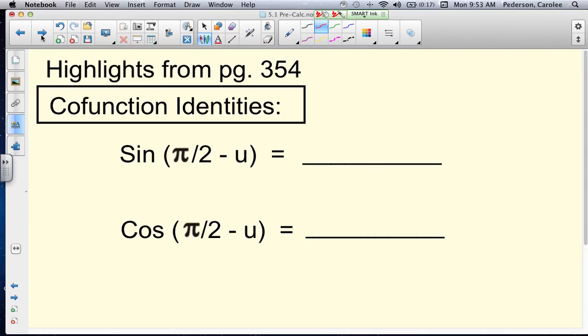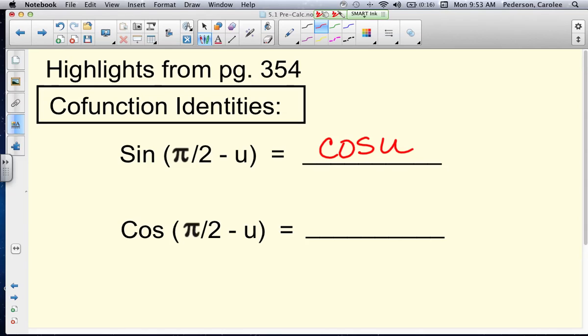What does it equal on page 354? Did you find it? Equals cosine of u.